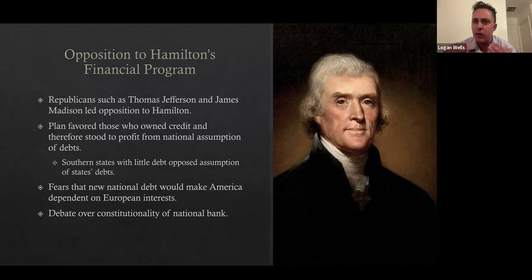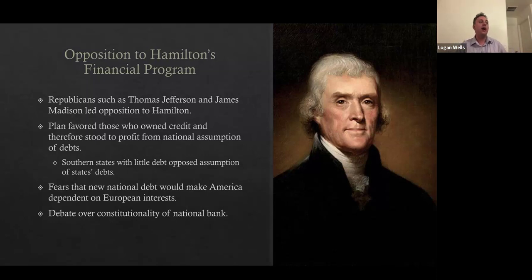The other thing, as Jefferson and Madison both said, is that the Constitution does not grant the federal government the right to create a bank. And already you have this debate, as we talked about last time, over constitutionality when it comes to policies, programs, and laws. Is it constitutional to build a national bank?